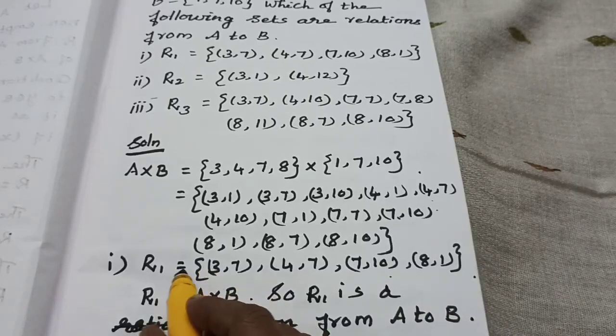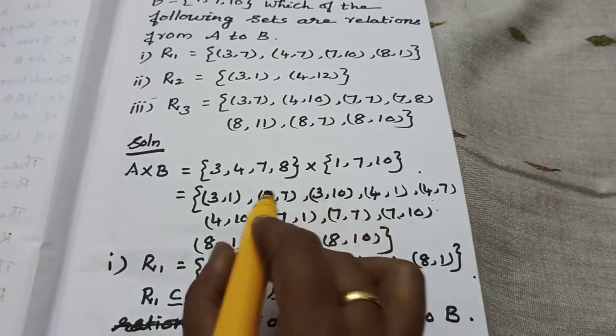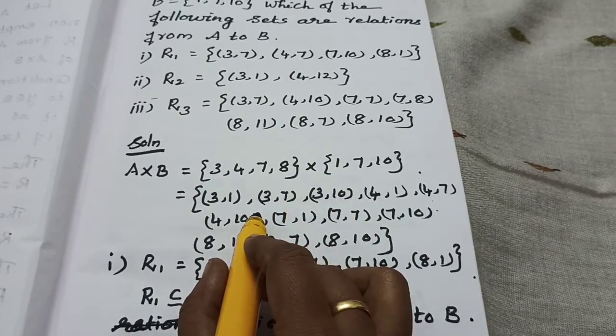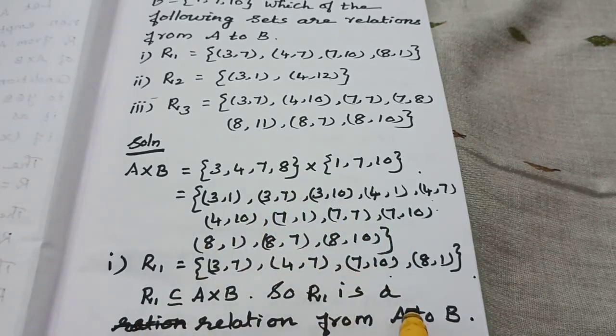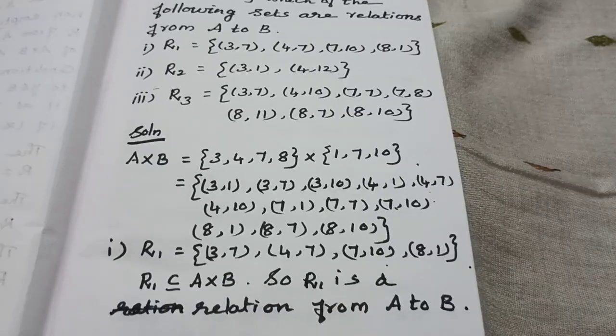Every element of R1 is in A cross B, so we can write R1 is a relation from A to B. Like that, the second question also we have to check.